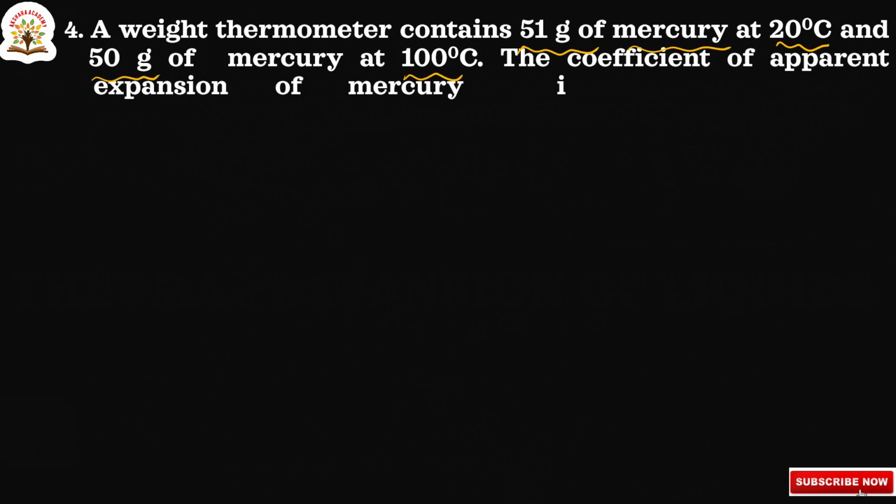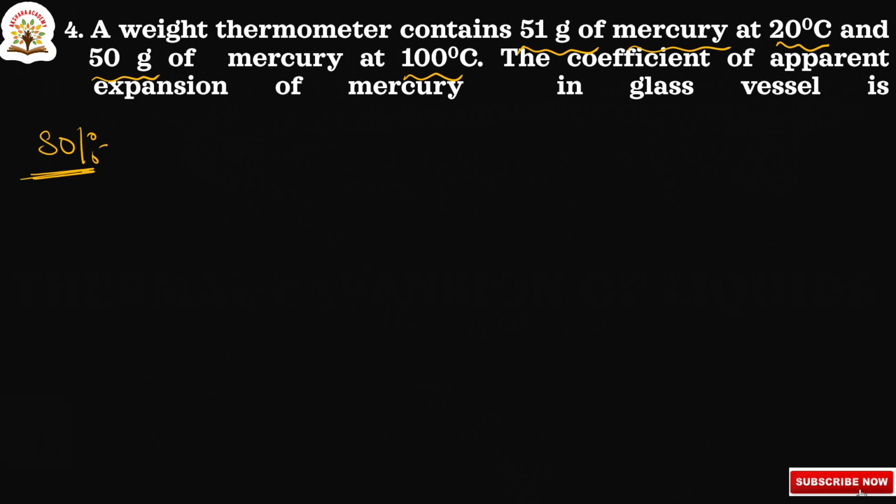A weight thermometer contains 51 grams of mercury at 20 degrees centigrade and 50 grams of mercury at 100 degrees centigrade. The coefficient of apparent expansion of mercury in glass vessel is. Now let us go to the solution.